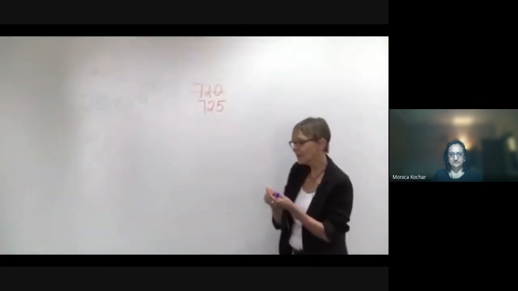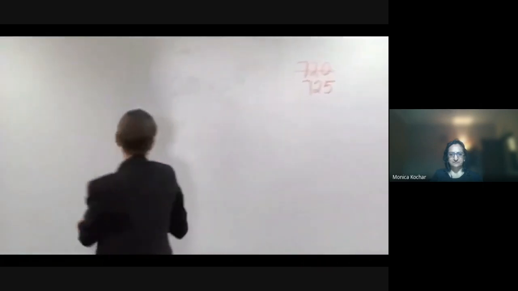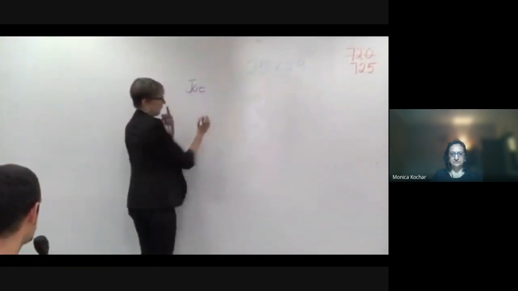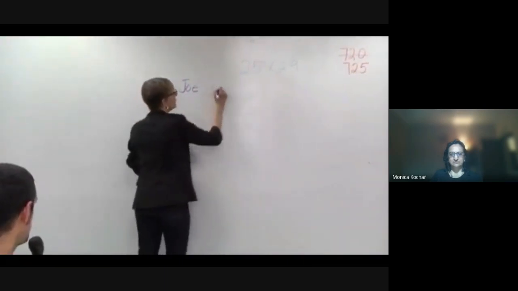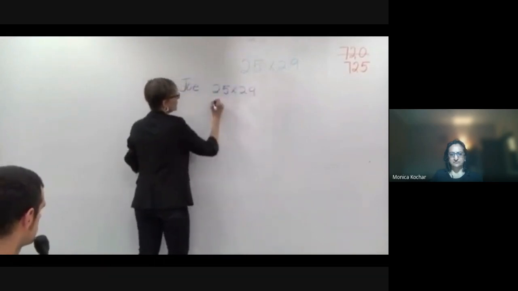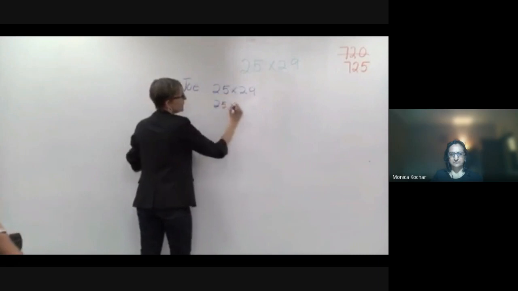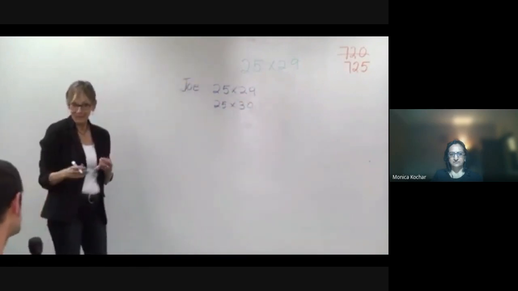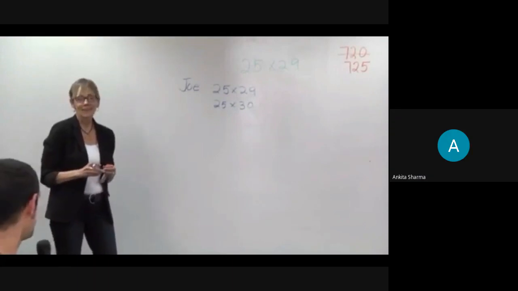Yes. Okay, so let's go through your method then, Joe, and you can show us what you did wrong. What I did was I rounded 29 to 30. Okay, so we're doing 25 times 29, but you decided to do 25 times 30. Because 30 is a friendly number and easier to multiply with.